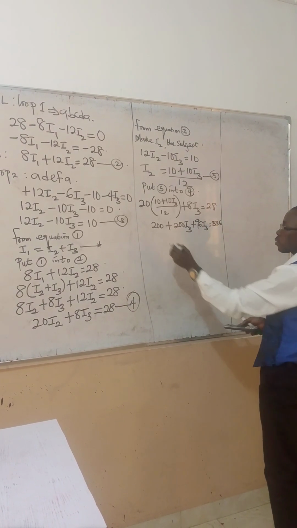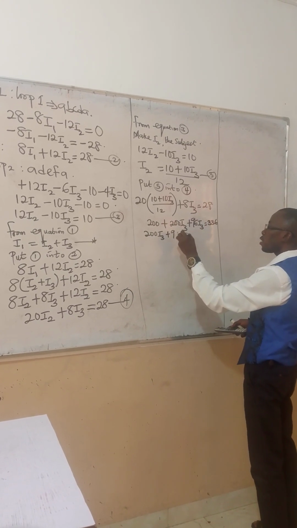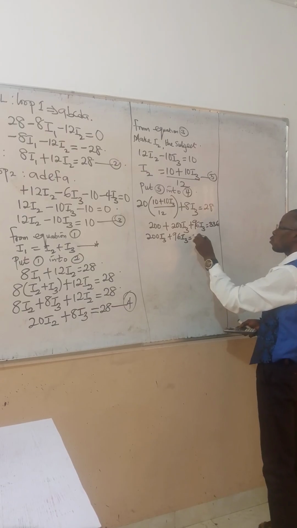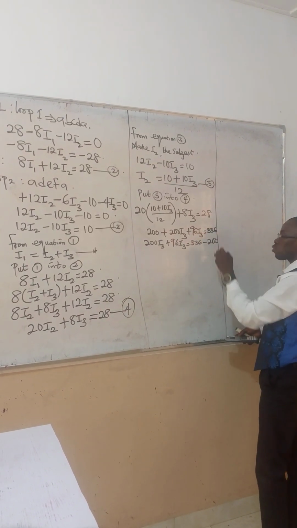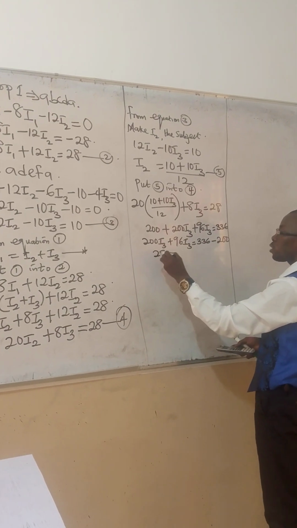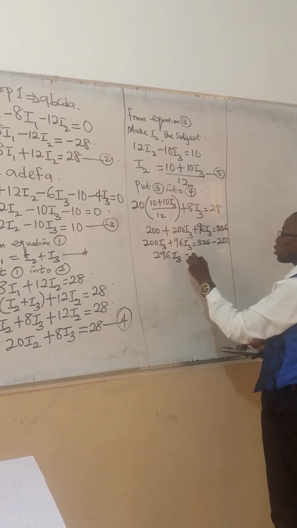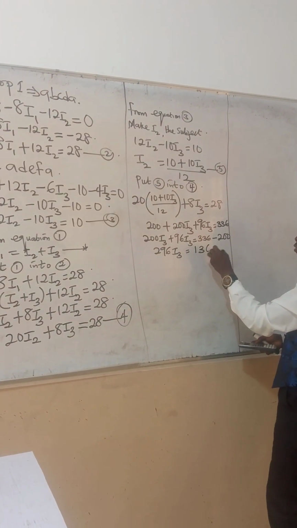We can collect the like terms now. 200 I3 plus 96 I3 equals 336. Bring this here, minus 200. So 200 I3 plus 96 I3 gives 296 I3 equals 336 minus 200, 136.